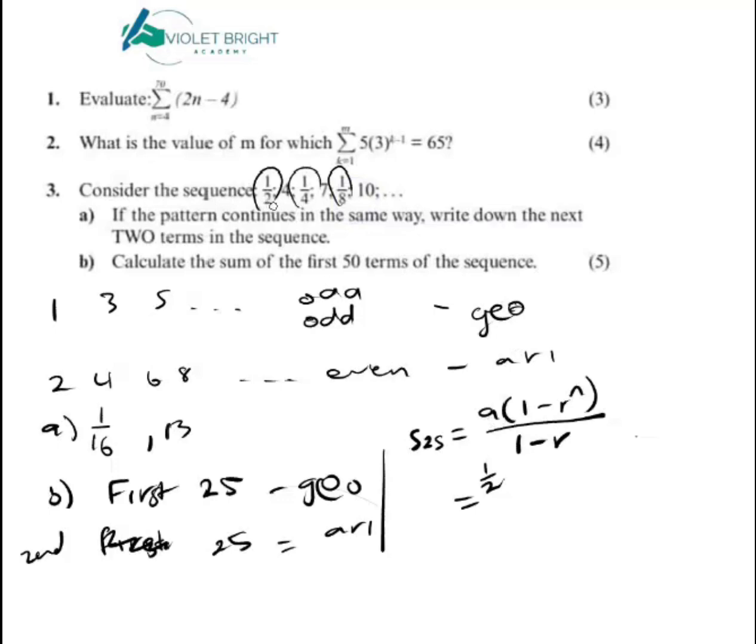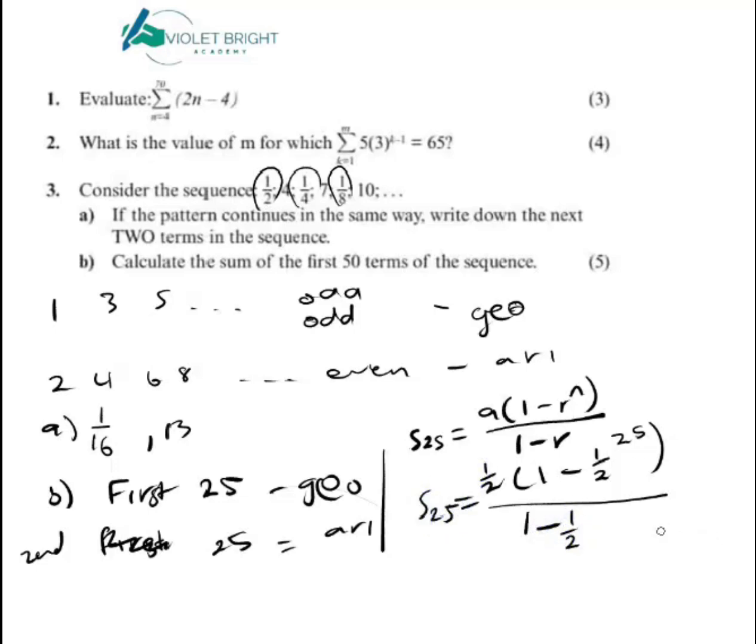So our first term is 1 over 2, and 1 minus R to the power n, it's half to the power 25, close bracket, over 1 minus half, the sum of the first 25 terms.